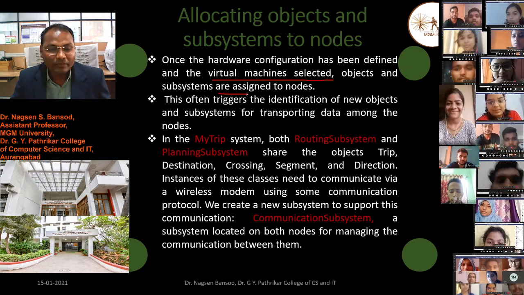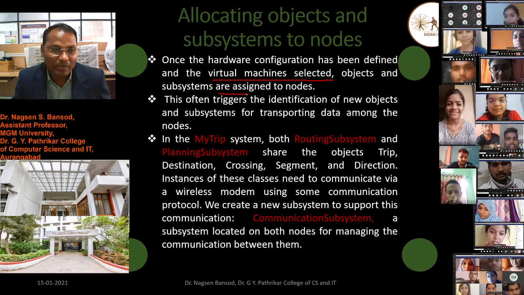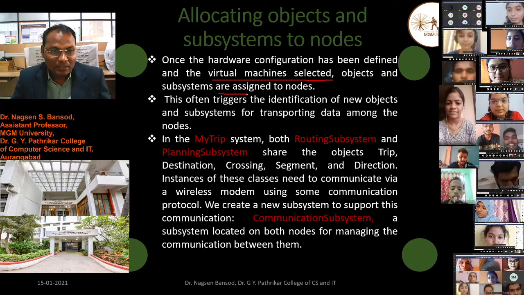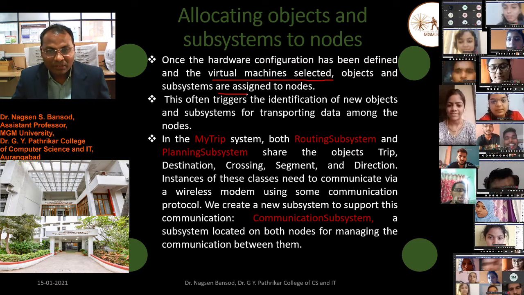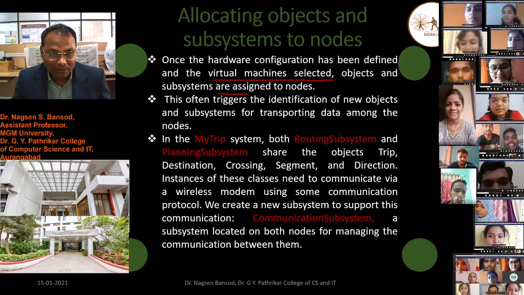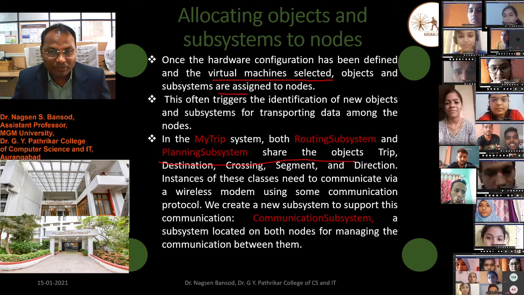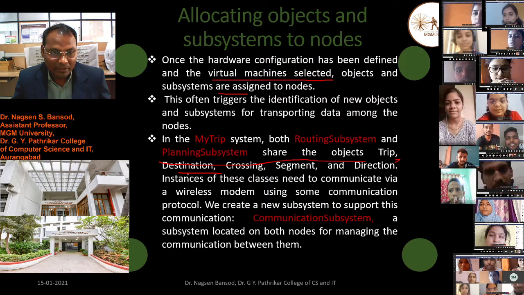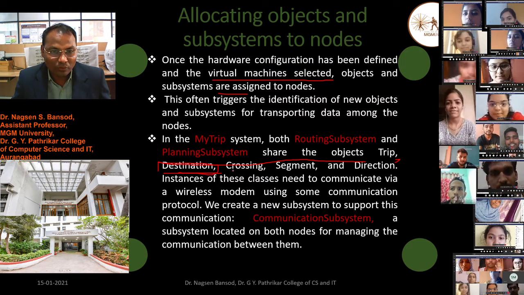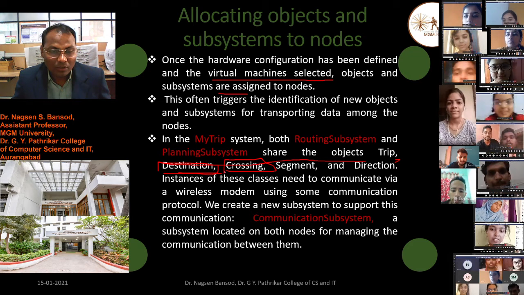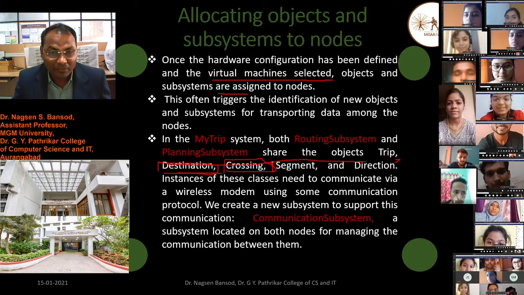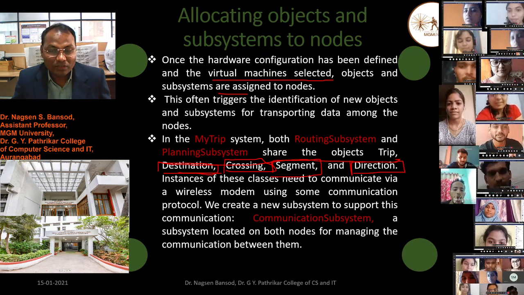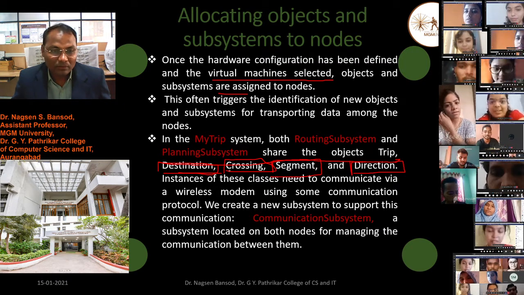In the MyTrip system, both the routing subsystem and planning subsystem share the objects trip, destination, crossing, segment, and direction. In the planning subsystem, the objects shared on the trip are destination, where we want to go, crossing, which city will be crossed, segment, how many stops there are, and direction, in which direction this tour will be planned.